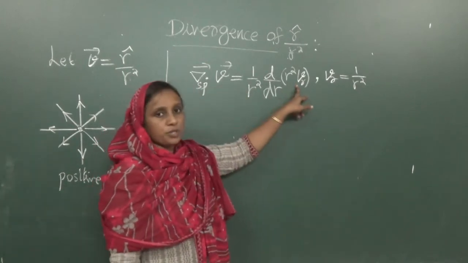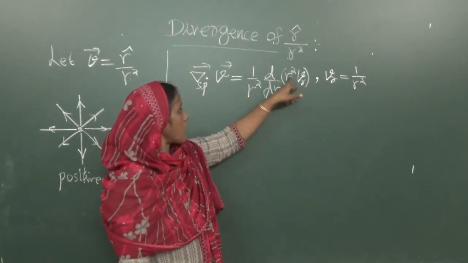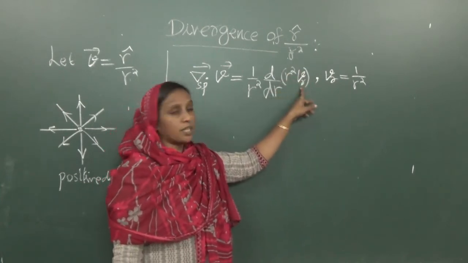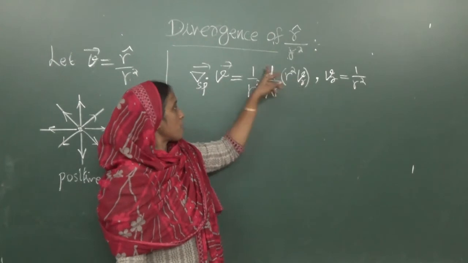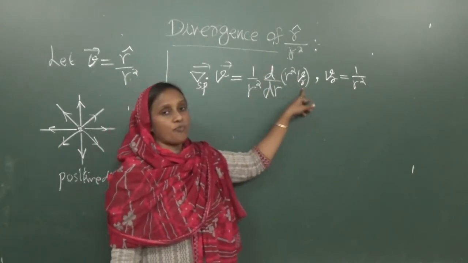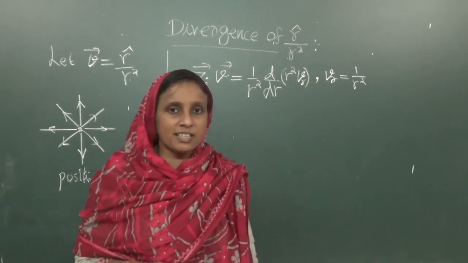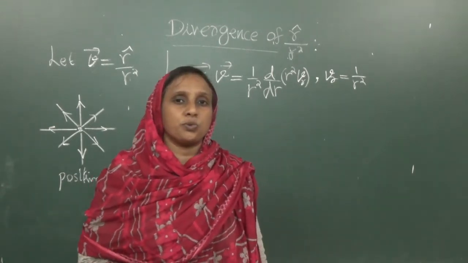You can substitute here, then you get r square by r square, which equals 1. That means 1 by r square d by dr of 1. What is the differential of 1? 1 is a constant, so its differential is 0.